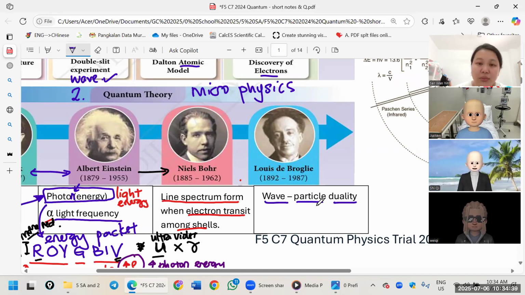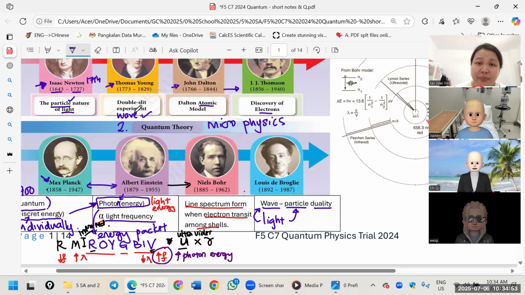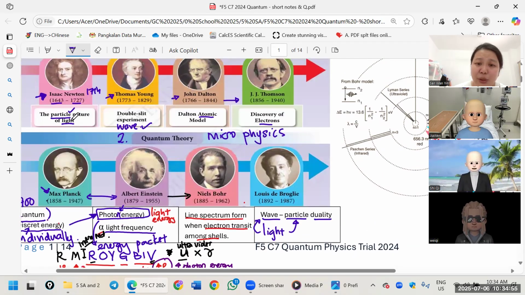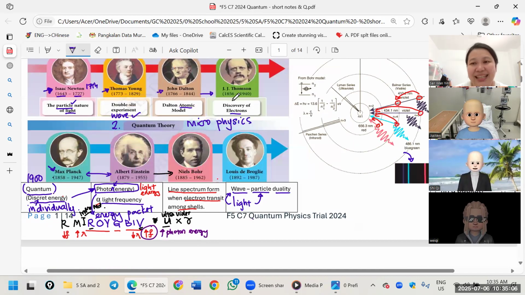What is that? It means light could be a wave and could be particles. In Form 4 we learned light is a wave. But Newton said light is particles. Finally proved by Louis de Broglie, light is a wave and also particles.